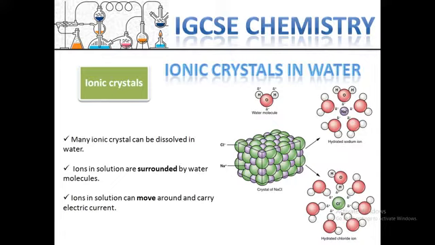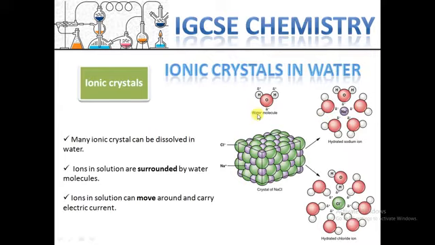Ionic crystals can be dissolved in water, and after they dissolve, the ions in solution can separate. Here is an example of salt, sodium chloride. When it goes into the water, the ions separate into the chloride negative ion and the sodium positive ion.